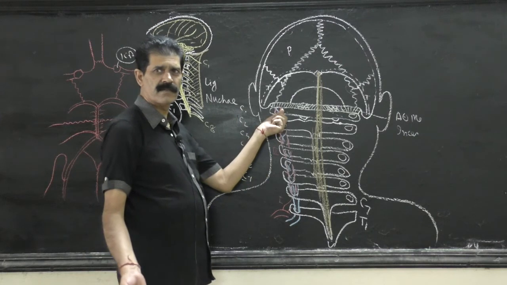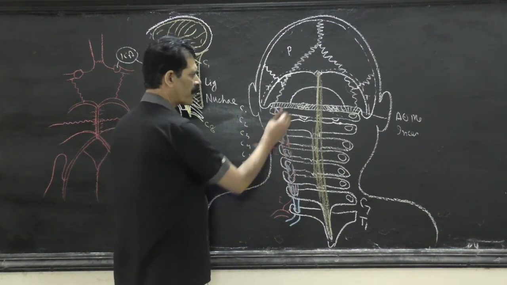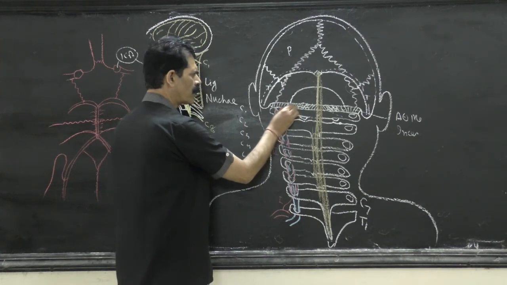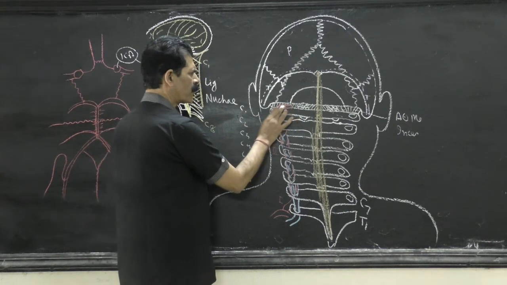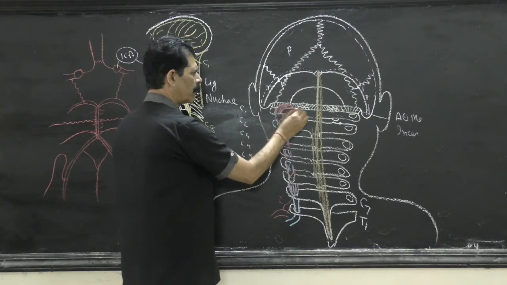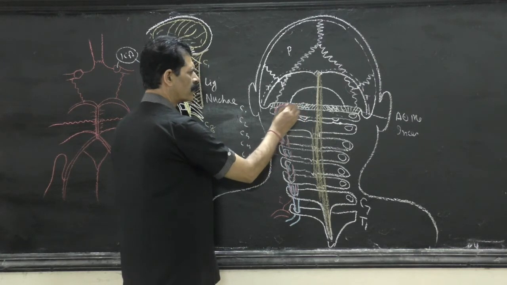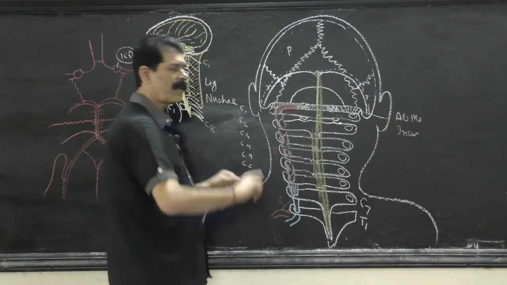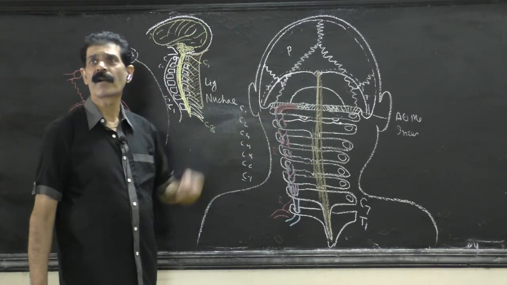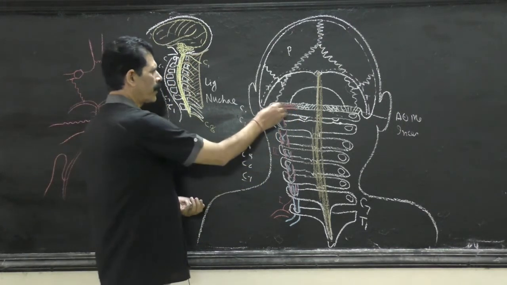Now the vertebra ends. Now this artery which was vertical becomes horizontal, because it has to go inside the skull. Through the foramen magnum it has to enter. Now it runs horizontally. When it goes from vertical to horizontal, now it is called the third part of the vertebral artery. This is the third part.